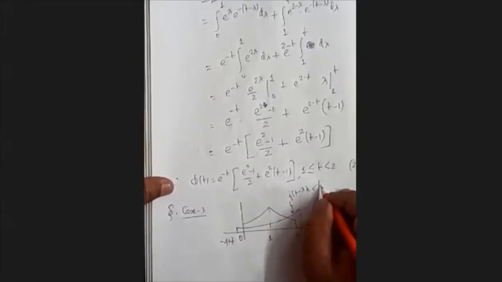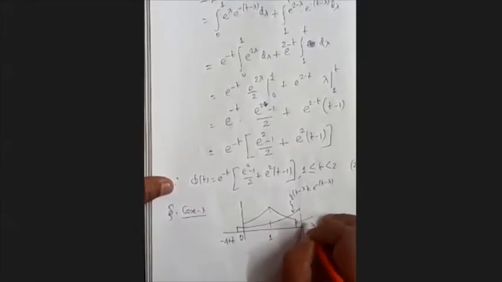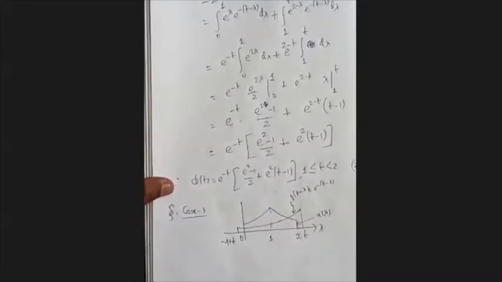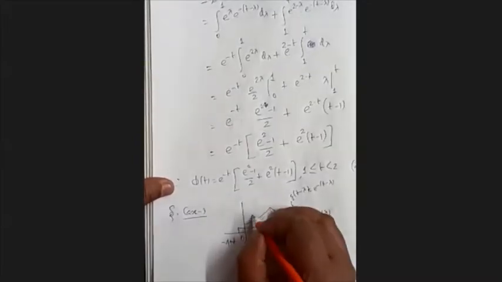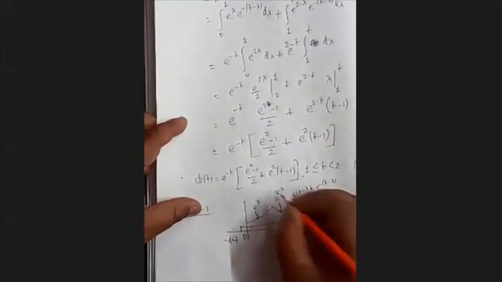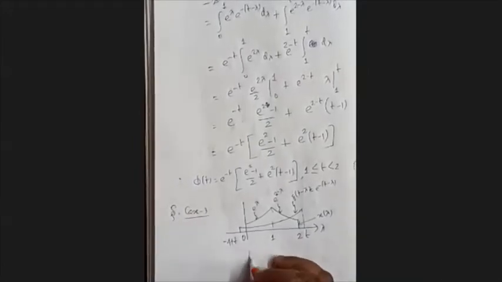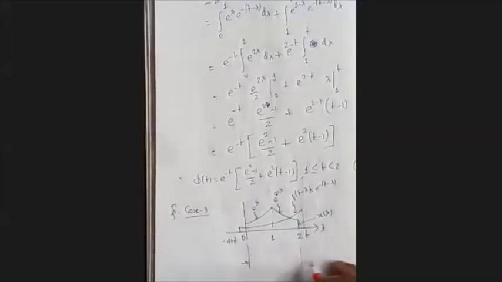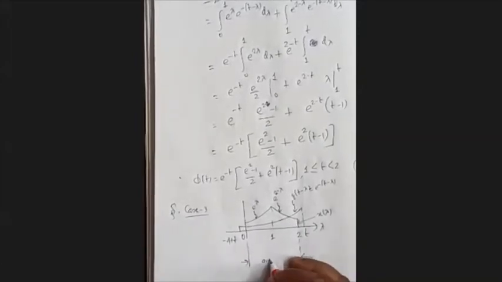It is e to the power minus t minus lambda, and that function is x lambda. And it is e to the power lambda, and e to the power 2 minus lambda. Okay, so that is the thing. So our overlapping is between 0 to 2. Overlapping is between 0 to 2. Clear?